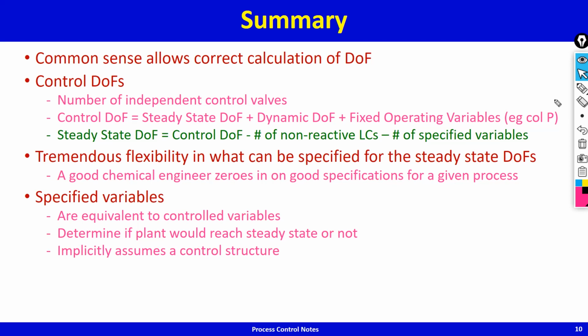And once you decide what are your set of consistent variables that can be specified, a control structure is implicit in it. And how is it implicit? You essentially try to use that control valve that will give the dynamically fastest possible response in order to control that particular process variable. This is called the pair close philosophy.